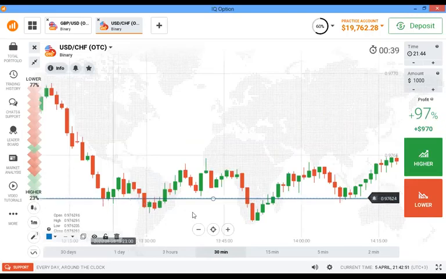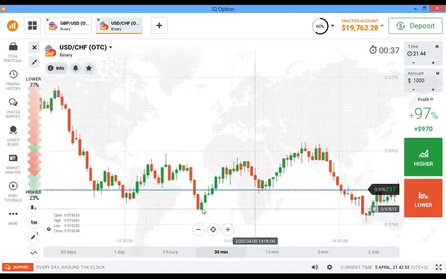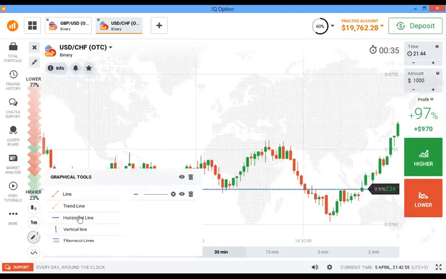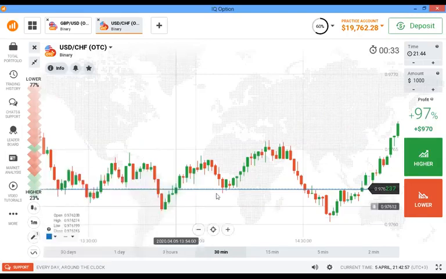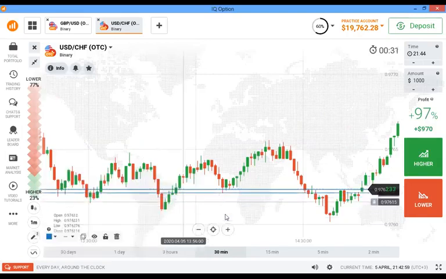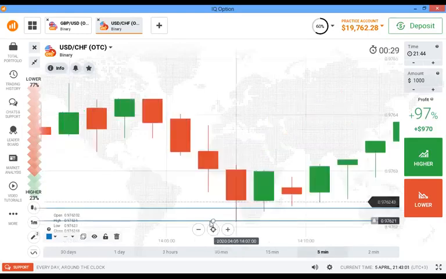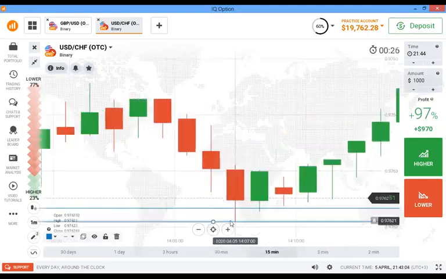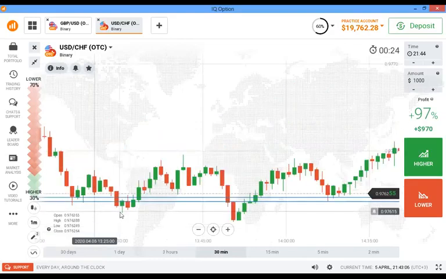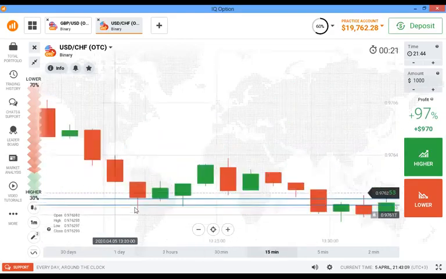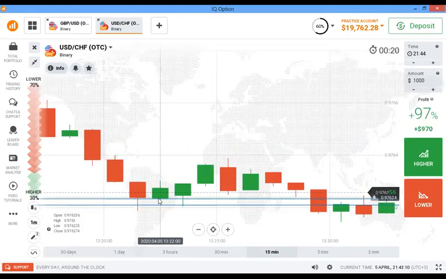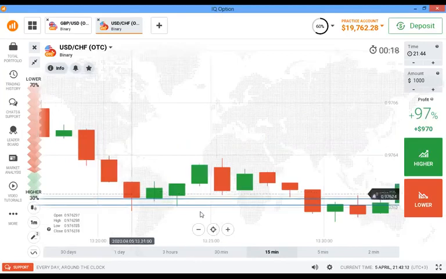This and this. This lowest point here, and the opening price of this candle here and the closing price. That is the level.